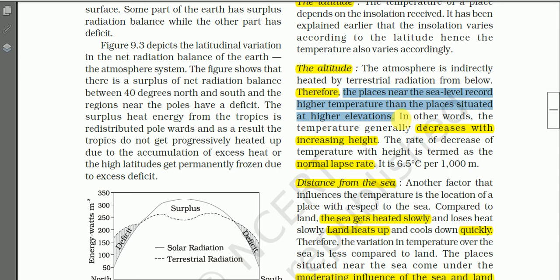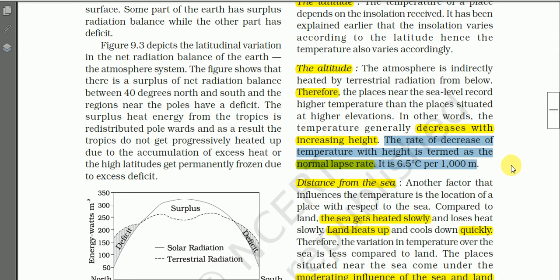In other words, temperature generally decreases with increasing height. The rate of decrease of temperature with height is termed the normal lapse rate, and it is 6.5 degrees Celsius per 1000 meters.